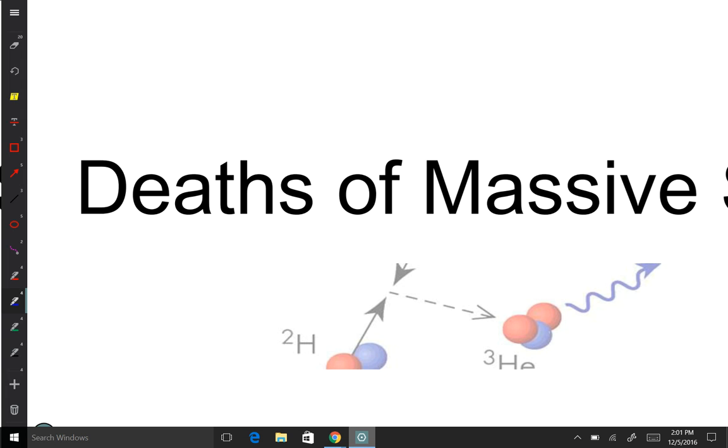During the fusion of hydrogen, it actually reaches the degeneracy for the electrons, and that electron degeneracy pretty much stops the hydrogen fusion. It's done. And what does it become? It becomes a white dwarf. So that would be a helium white dwarf, because it fused hydrogen to helium but didn't fuse helium into anything bigger.